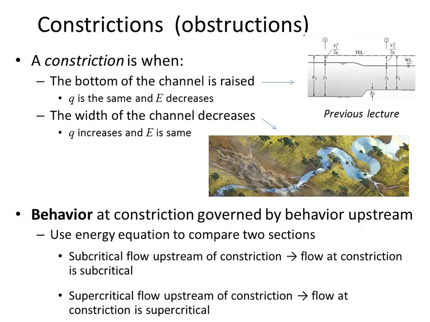We're going to do the same thing here. We're going to solve cubic equations, and we're going to analyze the flow regime upstream in order to know which of the two downstream depths we ought to pick. So subcritical upstream will be subcritical downstream, and the same is true with supercritical. If we diagnose the flow regime upstream of a constriction and find it supercritical, it'll be supercritical downstream at the constriction as well. Any questions so far?